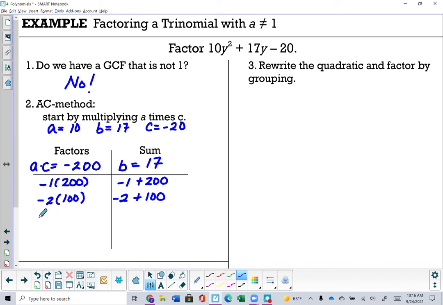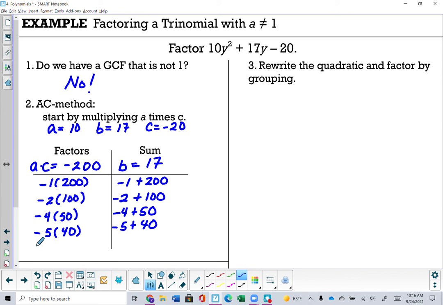Negative 3, it's not going to be a factor, so let's see, negative 4 times 50. That's still not it. Negative 4 plus 50, not 17. How about negative 5 times 40? I think we're getting closer, but still not it. Negative 5 plus 40, not 17.